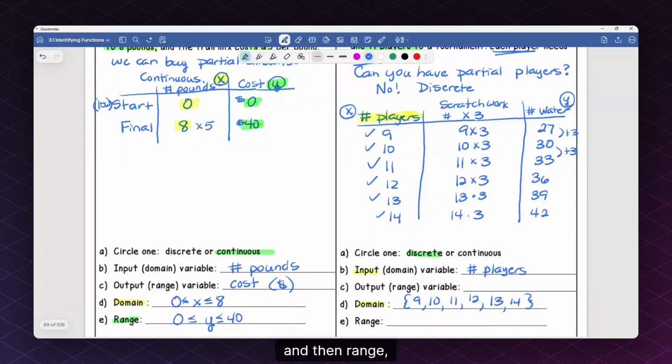And then range, that's the other one. So my range was the number of water bottles. That was my Y value. That's my output. So my output, number of water bottles.